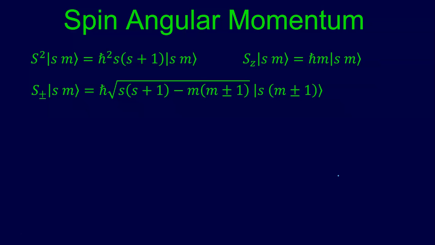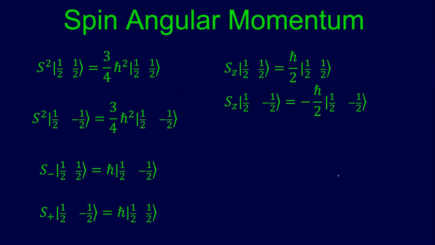Again, this will generalize to other kinds of spin, but for spin 1/2, this is basically the setup we have here. This is |s m⟩. So this is the spin quantum number, and this is the m quantum number. This tells us the general spin we're talking about, and this tells us the component in the z direction.